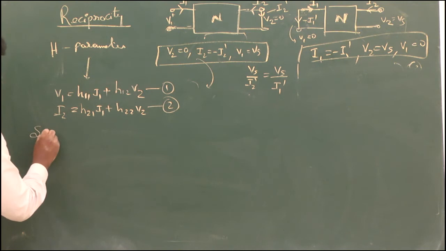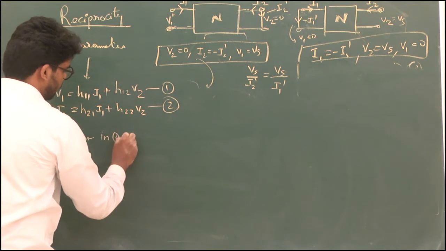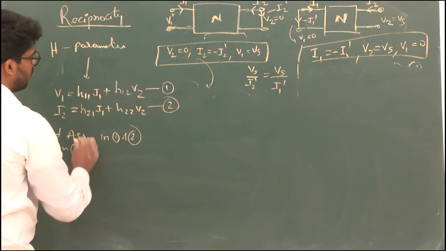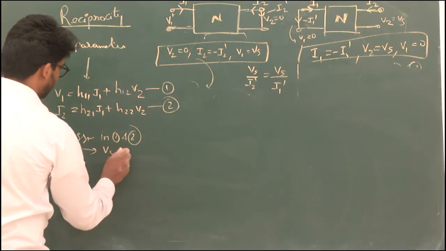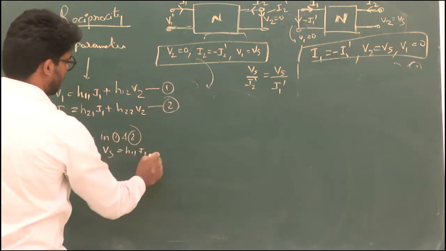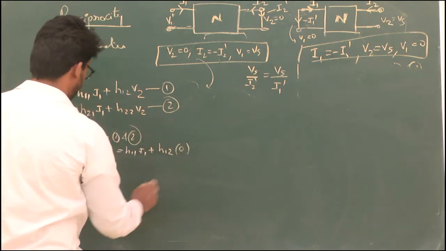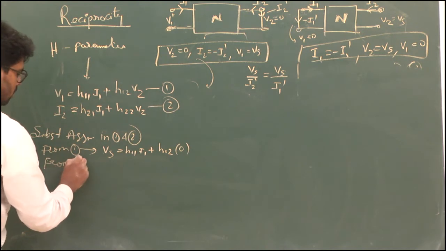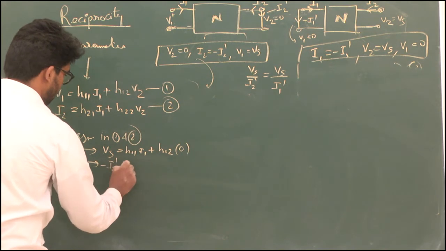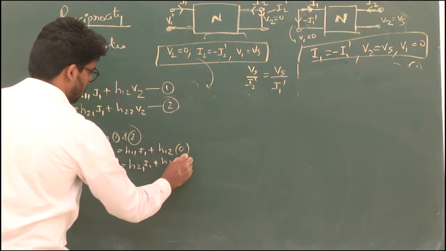So substitute our assumptions in 1 and 2. From 1 you get V1 replaced as Vs, h11 I1, where I1 is replaced with I1 only, plus h12 V2, where V2 is replaced with 0. Now from 2 you have I2 as minus I2 dash equal to h21 I1 plus h22 V2, with V2 replaced with 0.